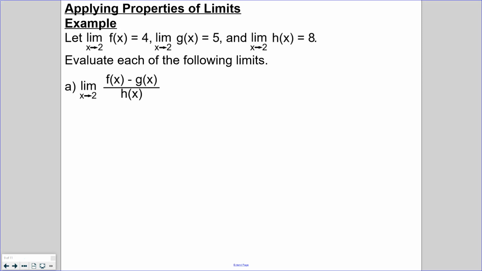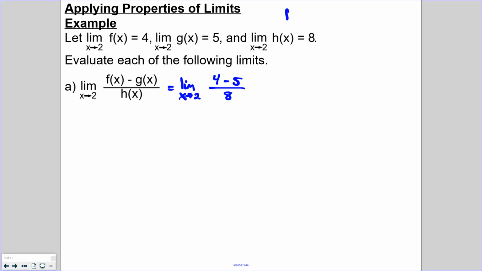Alright, so let's talk about how not to solve this problem first. A lot of folks like to take shortcuts, and here's what they do. They just say, oh okay, this is going to be the limit as x approaches 2 of 4 minus 5 over 8, which is 100% incorrect. Because you, the hypothetical, substituted in 4 for f of x.